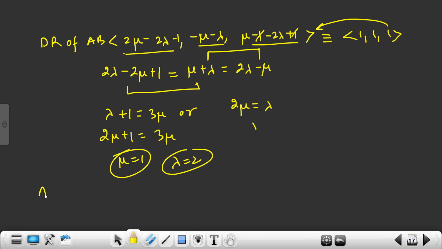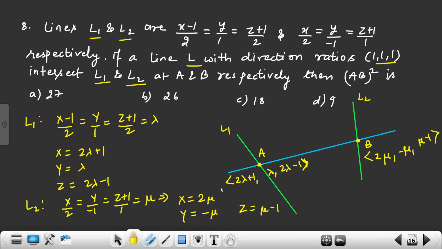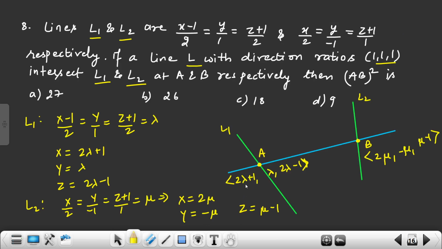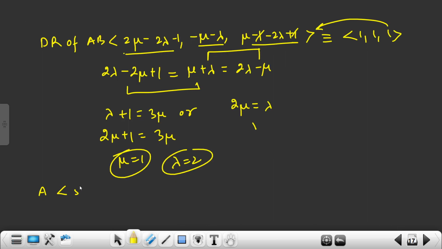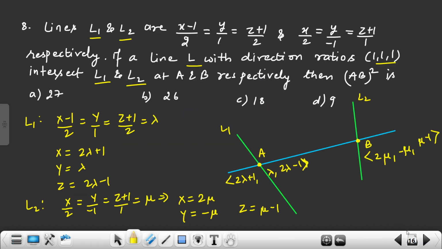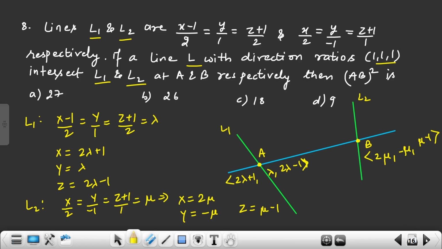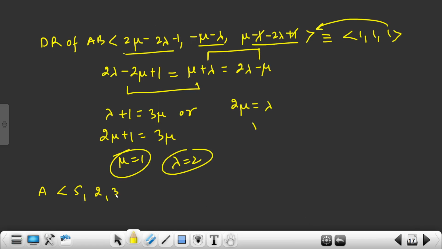So what is point A coming to? Lambda is now 2. So 2 twos are 4 plus 1, 5. And it is 2. And 2 twos are 4 minus 1, 3.